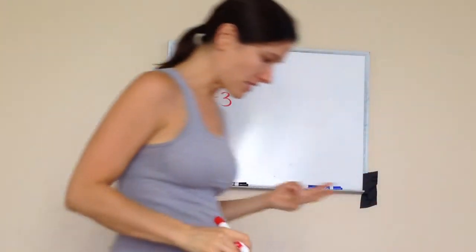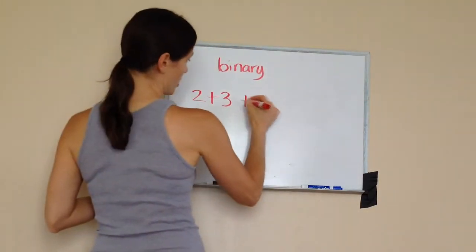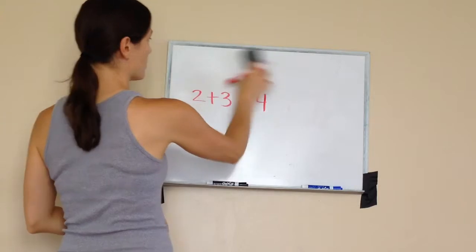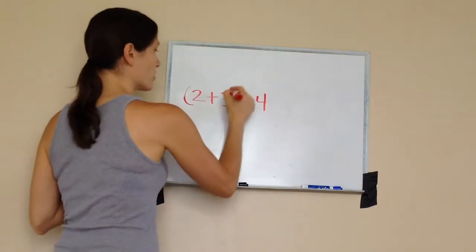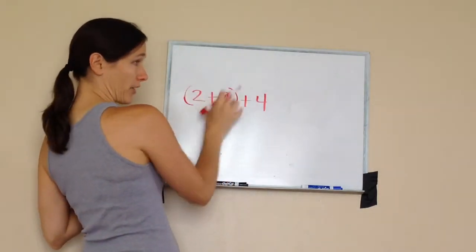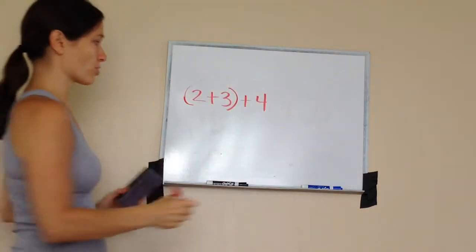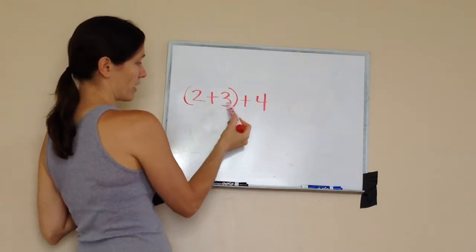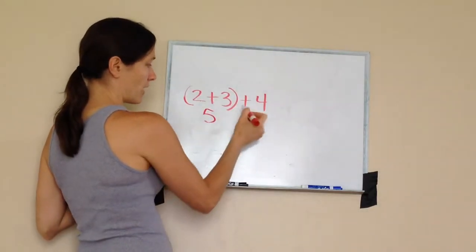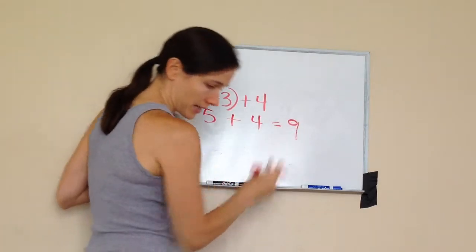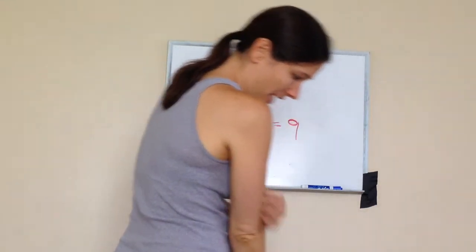But sometimes you're going to end up seeing 2 plus 3 plus 4. And a lot of times when they do that, they will group two of these numbers together, a binary form, and work those first and then add the 4. So this one would be 2 plus 3 is 5. And then we bring down the plus 4, 5 plus 4, which equals 9. So that would be how you would do that.